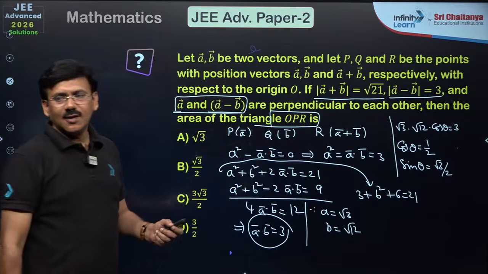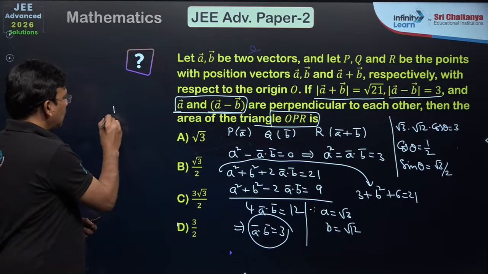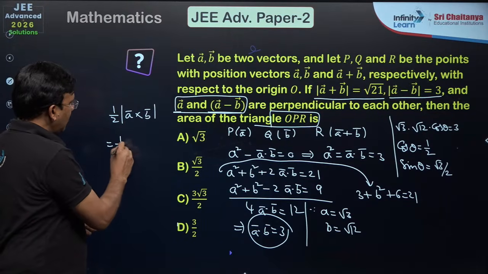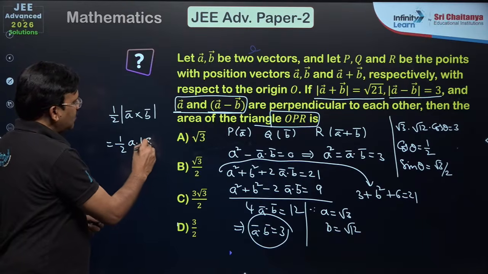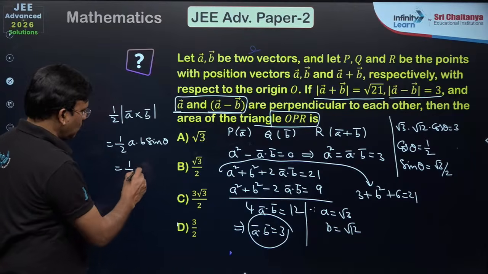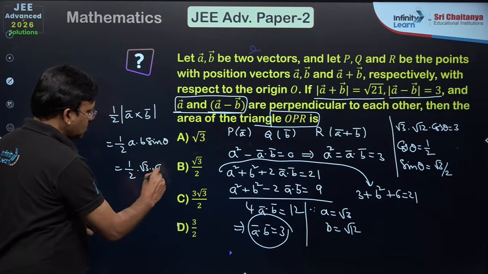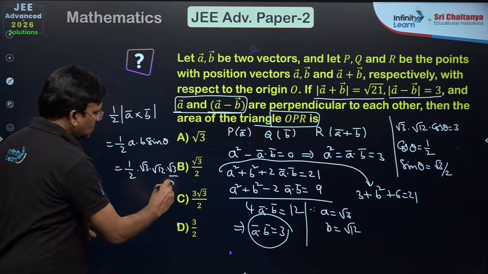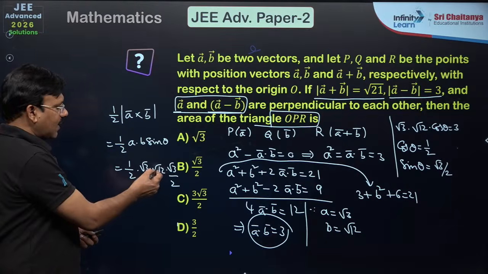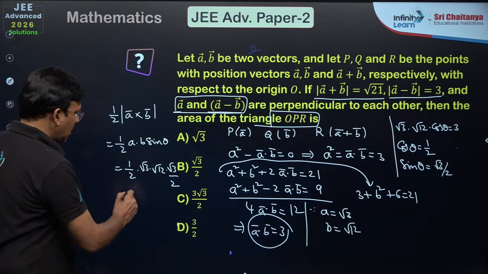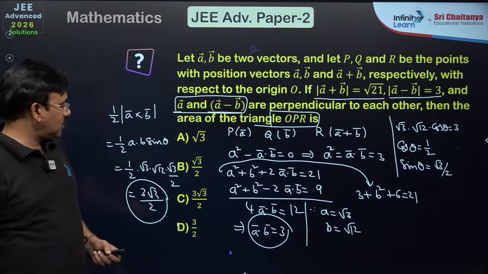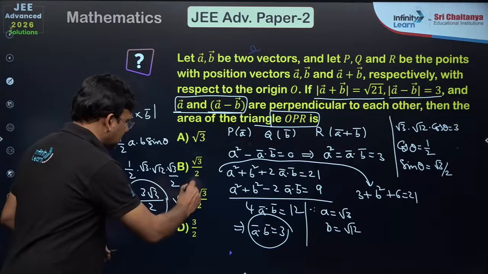O is origin, P is A bar, R is A bar plus B bar, so the area is half magnitude of A bar cross B bar, which is half magnitude of A B sin theta. Magnitude of A is root 3, magnitude of B is root 12, sin theta is root 3 by 2. The 2 can be cancelled, root 4, so this is 3 root 3 by 2 is the answer, which is option C.